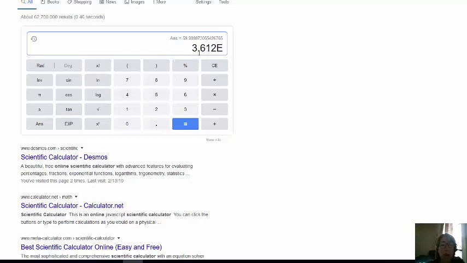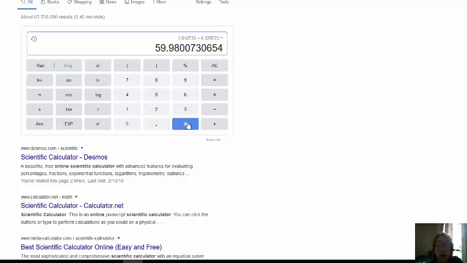So 3.612 EE or EXP, and then the exponent, and then divided by 6.022, and then the EE key or the EXP key. You don't hit times EE, you don't hit times EXP, just EE 23rd.